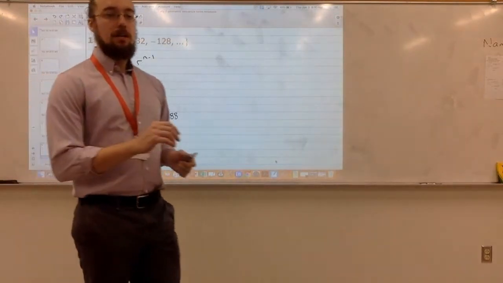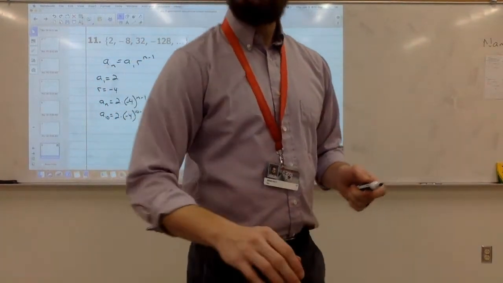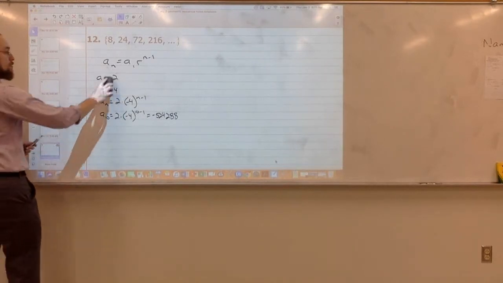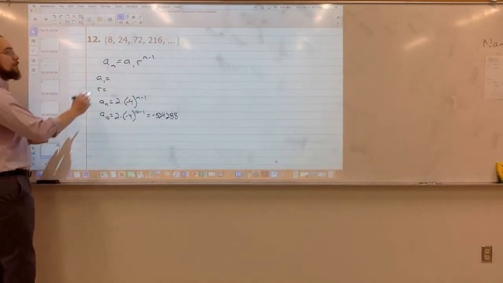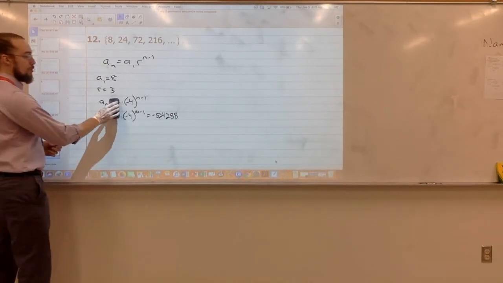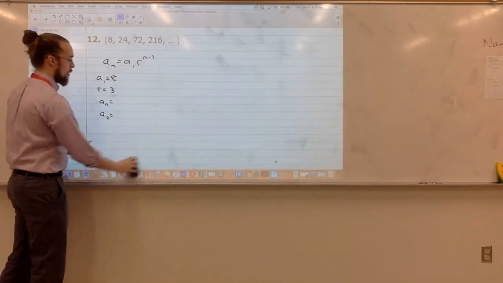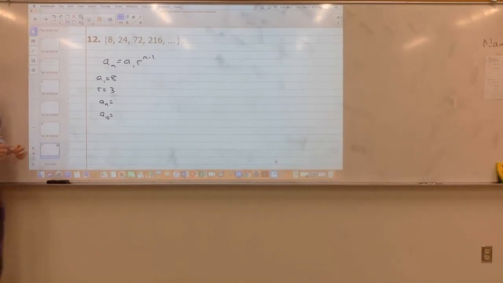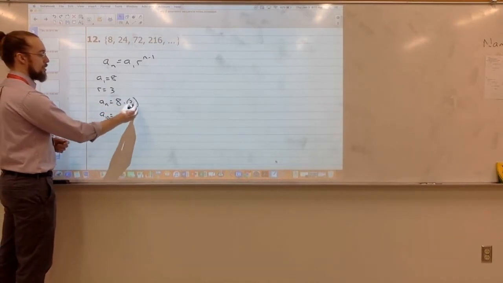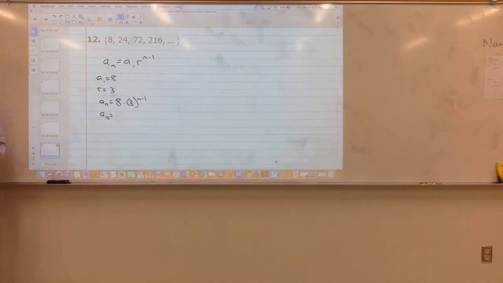All right. Then number 12. Looks like my first term is 8, and my common ratio is 3. So my rule then would be a sub n equals 8 times 3 to the n minus 1 power.